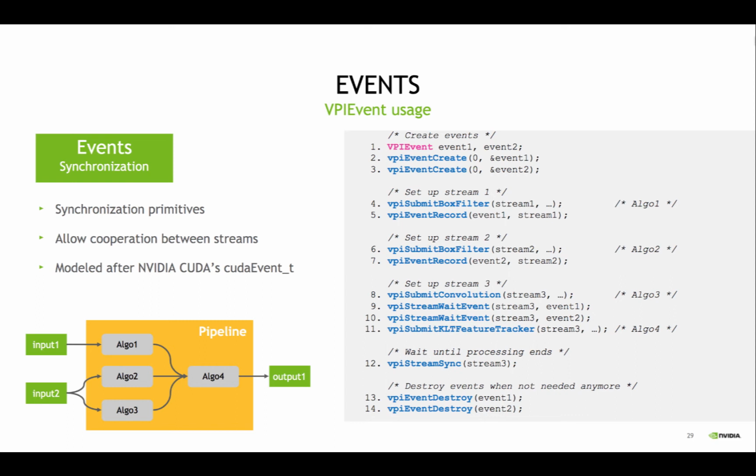Then finally we submit the final algo 4, the KLT feature tracker algorithm that depends on algos 1, 2, and 3 outputs. After we finish assembling the pipeline, on line 12 we wait until stream 3 is idle. And on lines 13 and 14, we destroy the events, since we don't need them anymore. Again, that's all quite similar to how CUDA events work.